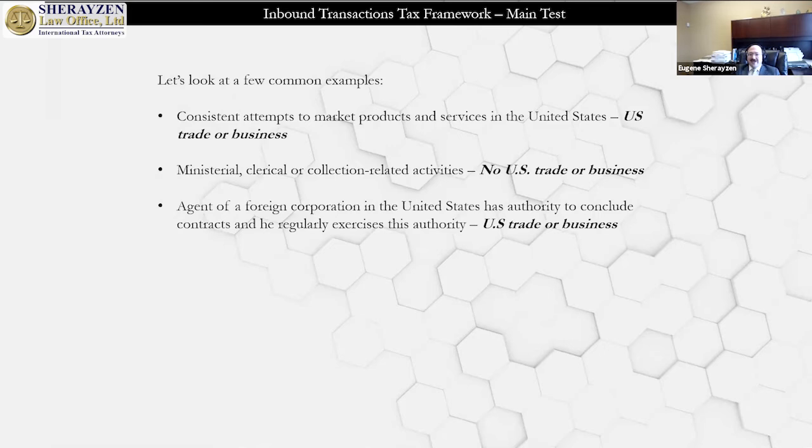On the other hand, clerical or collection-related activities do not produce US trade or business. So this is also very common.